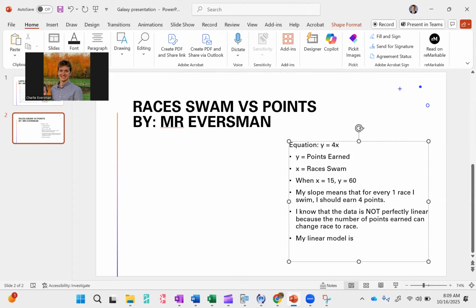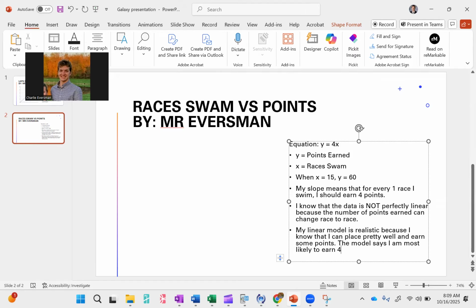Who knows? So this is not a very good predictor. My linear model, though, is realistic, because I know that I can place pretty well and earn some points. And then the model says I am most likely to earn 4 points.